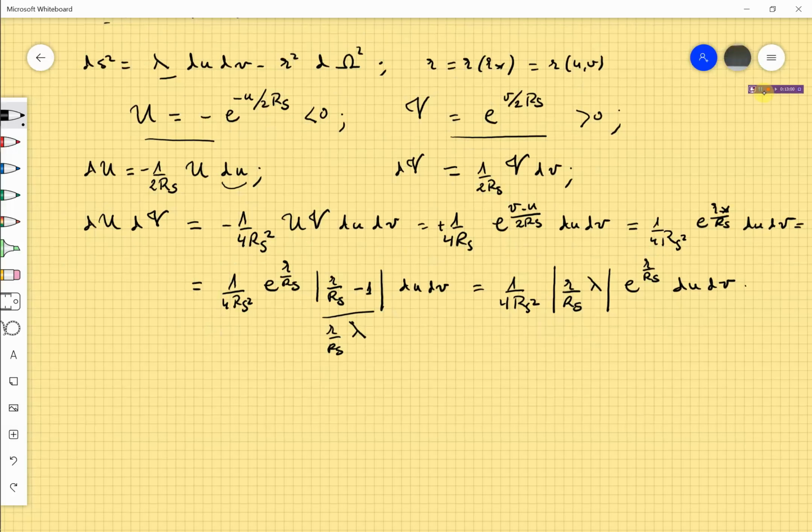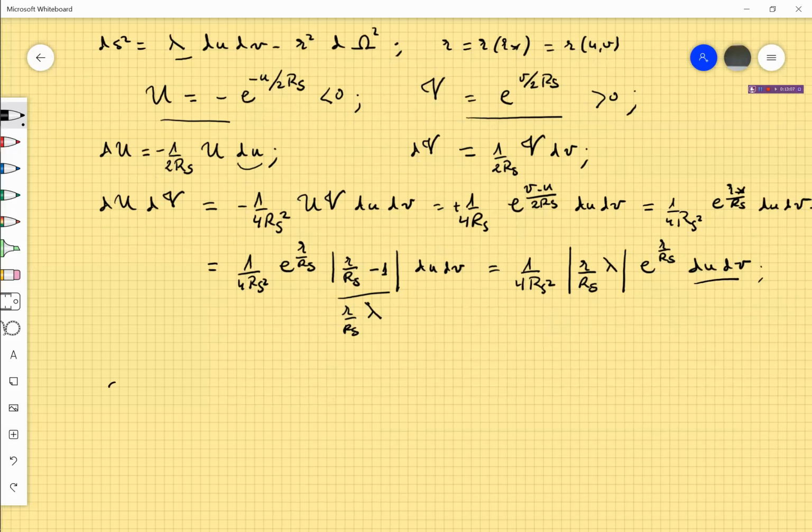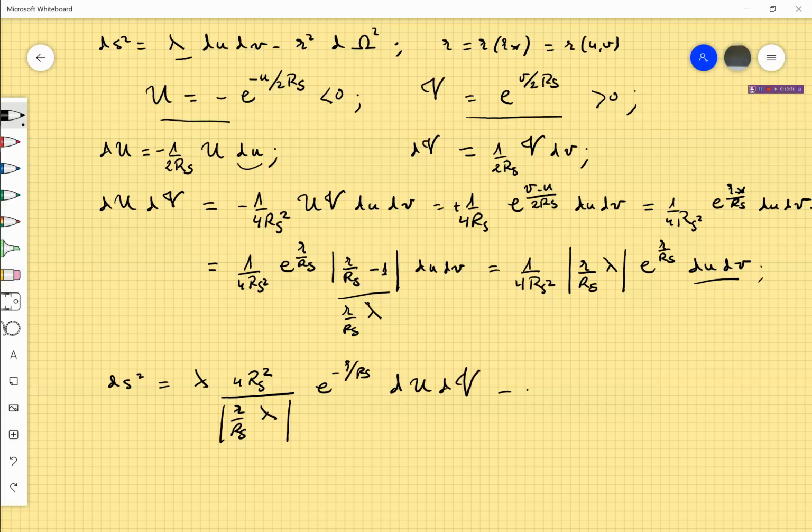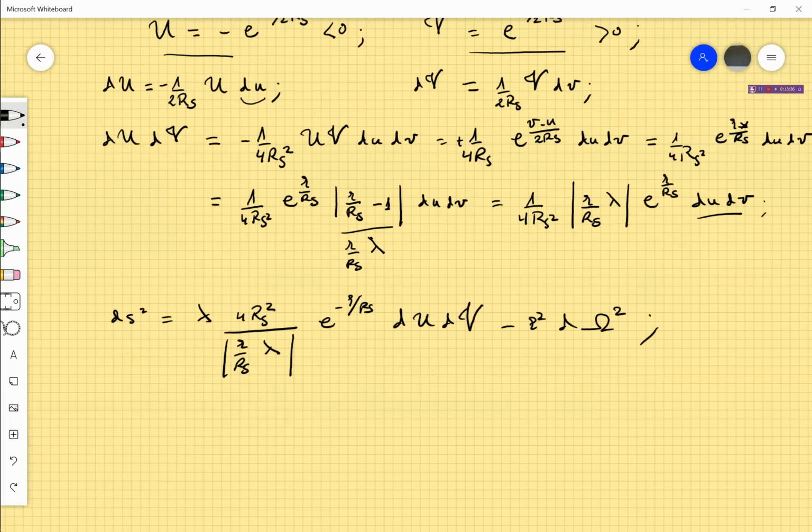and okay, we express first this du dv small with respect to capital, inverting this function, and we get ds squared. We have a lambda originally, we have now 4rs squared, and we divide this by r divided by rs, lambda absolute value e to the minus r divided by rs dU dV minus r squared d omega squared.